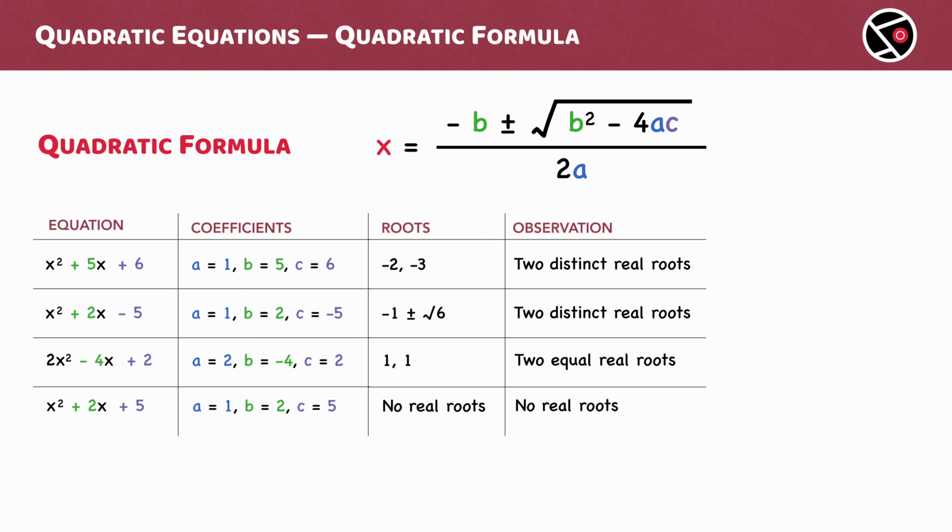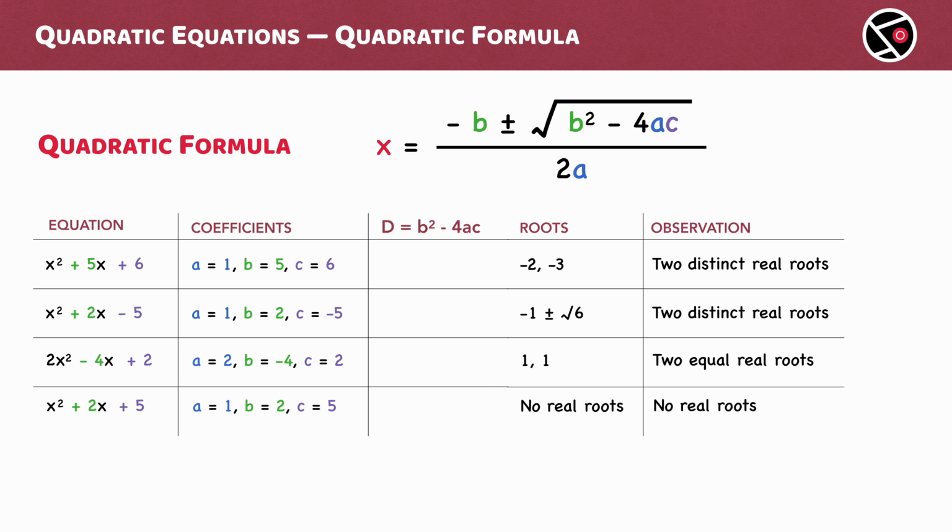Now here is something interesting. Look over here. We have b squared minus 4ac. This expression is called the discriminant. Let's calculate the discriminant d for each of these equations.